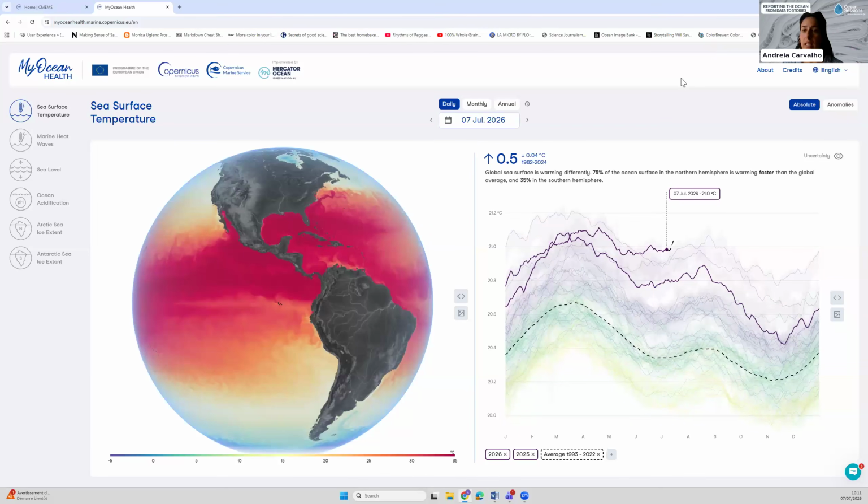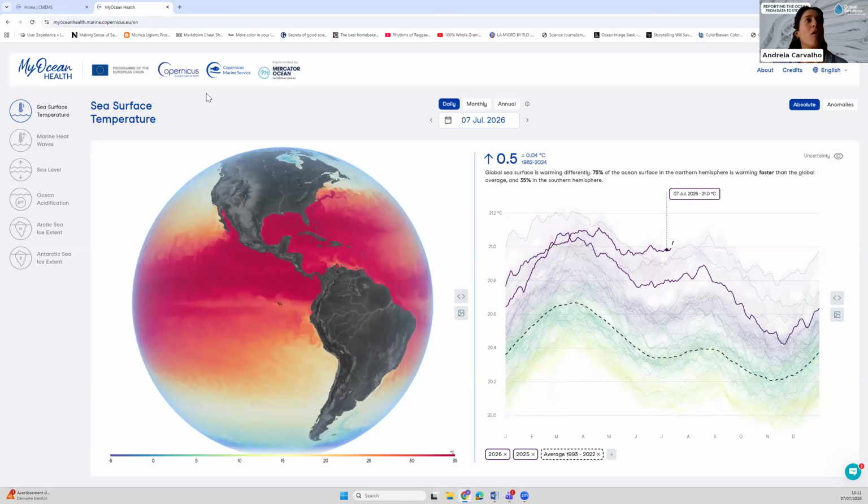My Ocean Health displays information and data on key ocean variables. Key ocean variables are very much like the ocean's vital signs. They provide information on the health of the ocean, on the state of the ocean. And by monitoring this continuously, we get information about how the ocean is doing over time and how it has been changing.